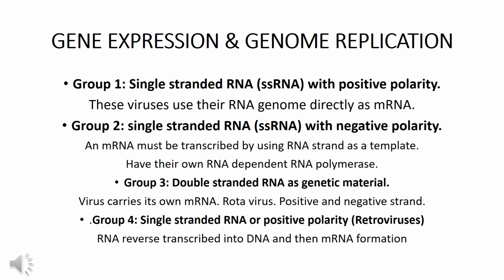DNA preparation occurs from the RNA by use of a special enzyme from the virus, known as reverse transcriptase. This reverse transcriptase enzyme converts RNA into DNA, and after the formation of many copies of DNA, all copies of DNA form many copies of RNA. Then RNA forms many proteins, structural and non-structural proteins.